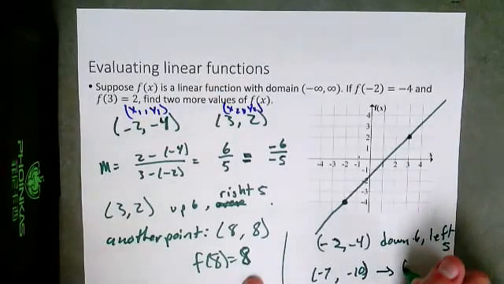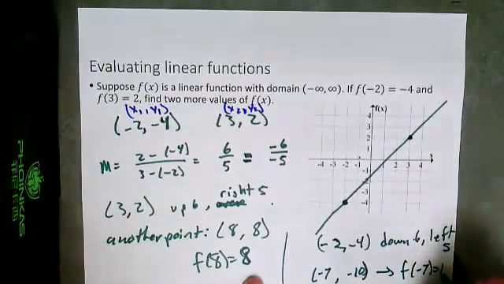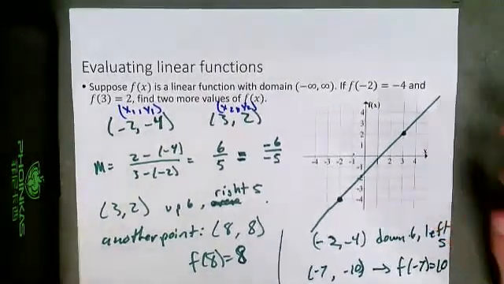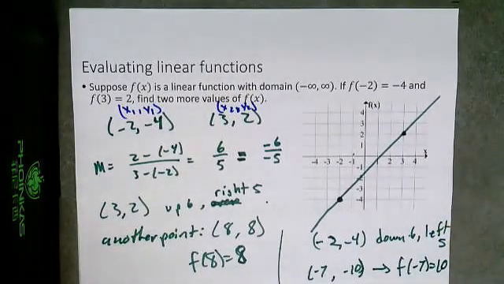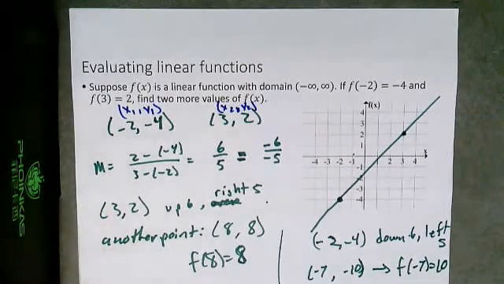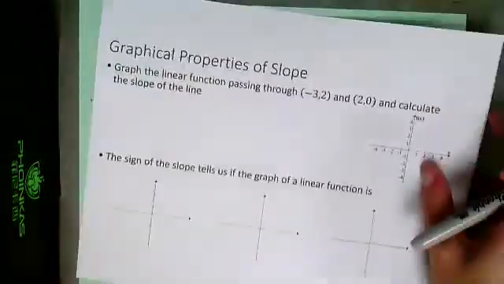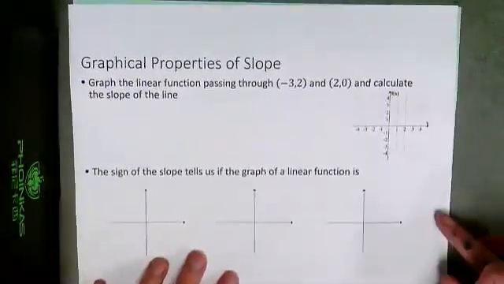And that would also mean that f of negative 7 equals 10 is another point on your graph, or another value of f of x. Okay? So let's move right along to some graphical properties of slope.